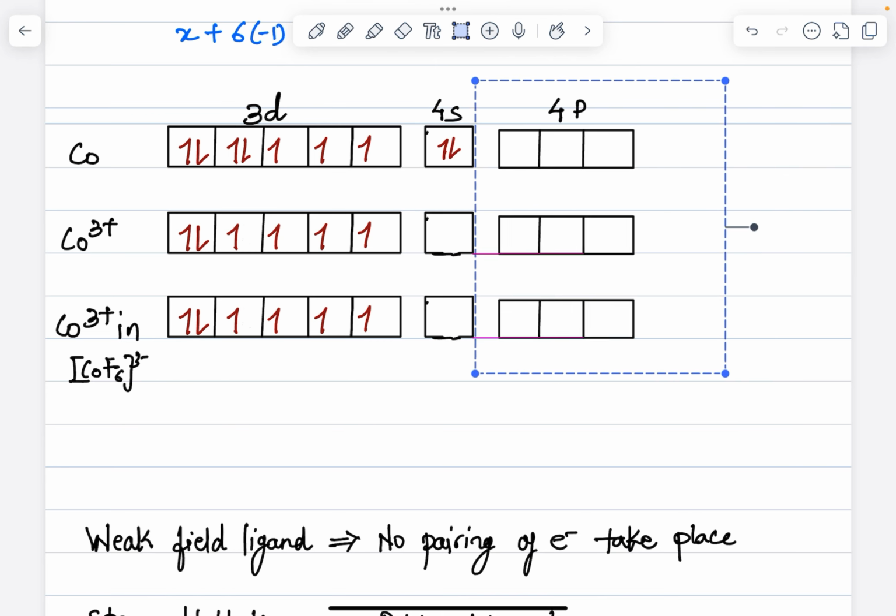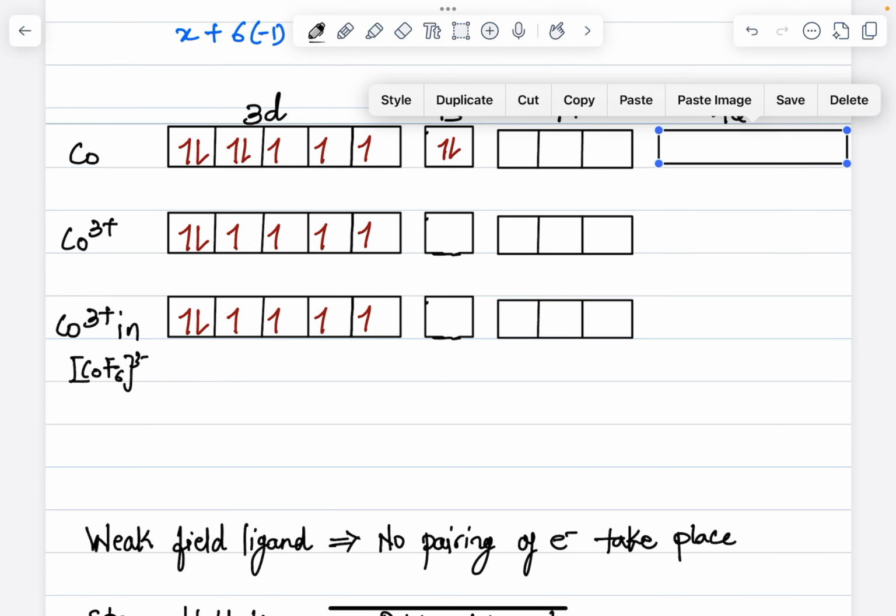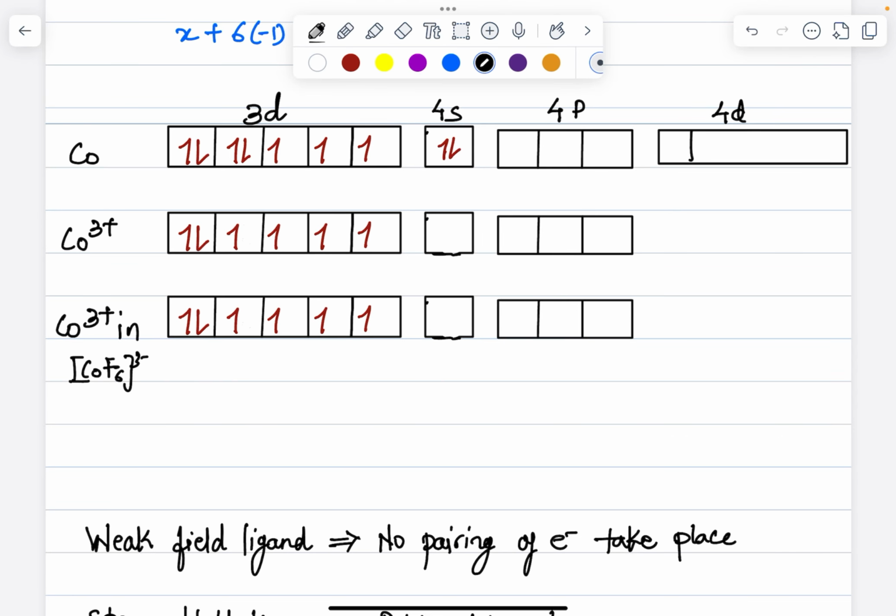After 4p, what will come is 5d. Sorry, 4d, I mean 4d orbital, which is empty.